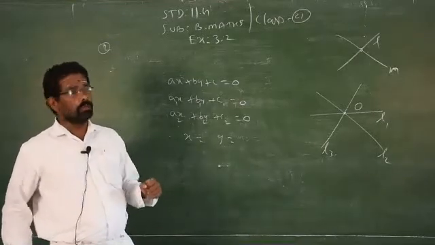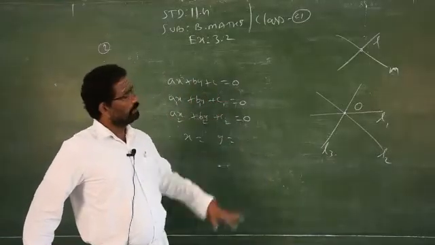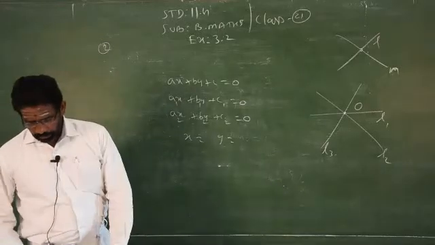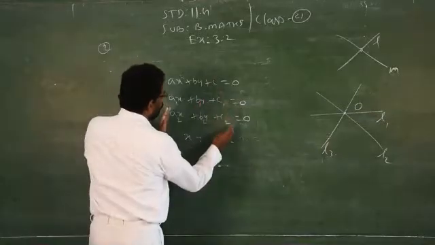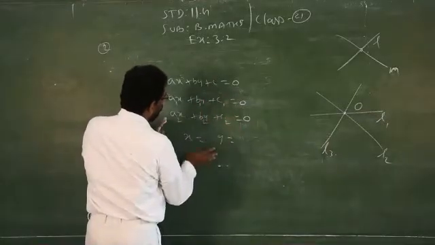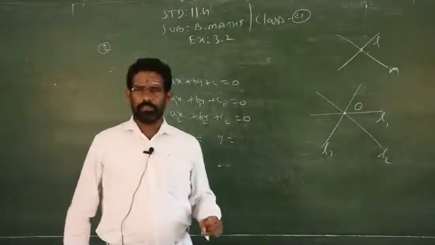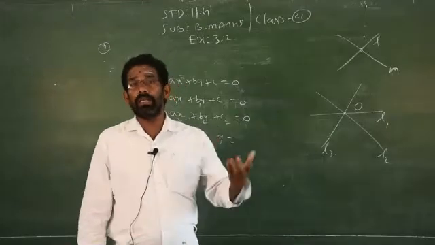So I am going to use that technique to find whether the given straight lines are concurrent lines or not. You can solve this problem either by the 10th standard method or the chapter number 1 method. Clear? So you know how to convert the given straight lines into matrix format.